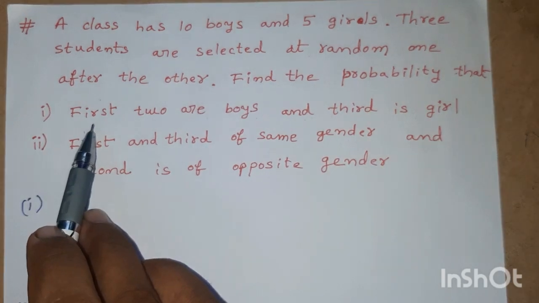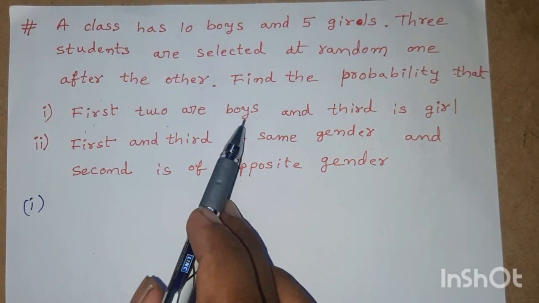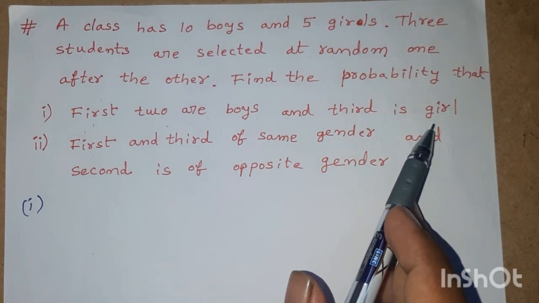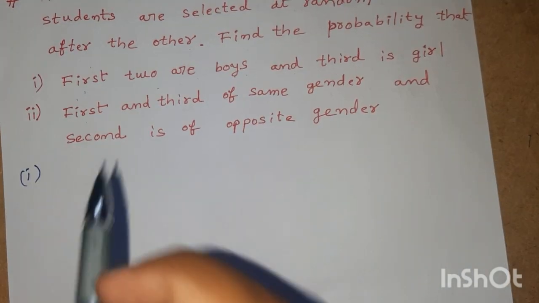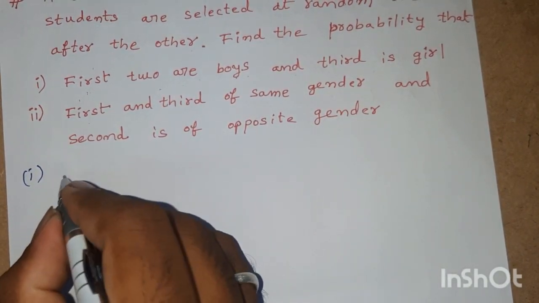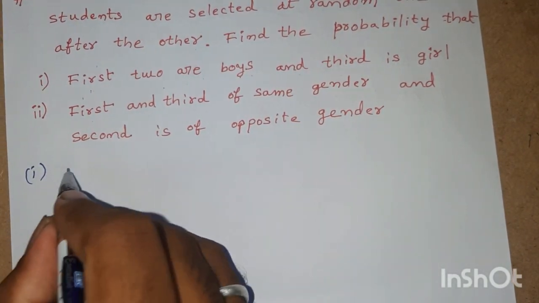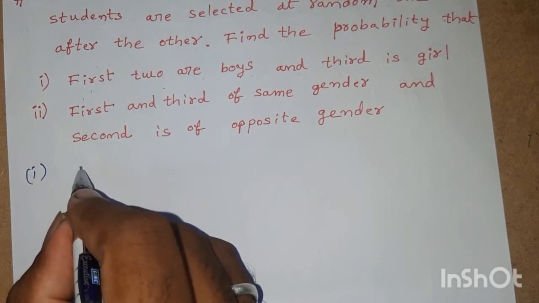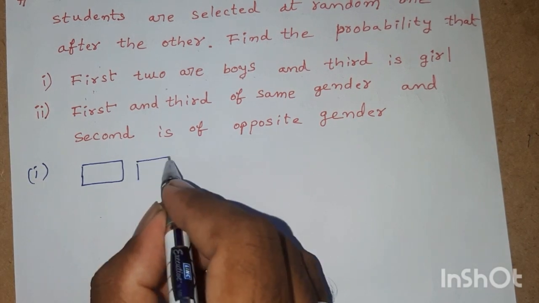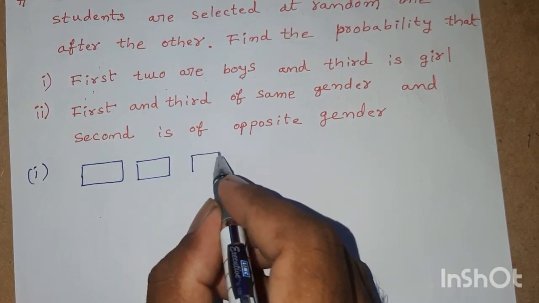We have to choose the first 2 as boys and the third as a girl. First 2 are boys and the third is a girl. We have to choose 3 members.